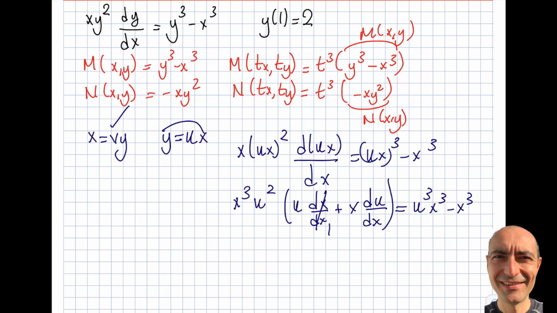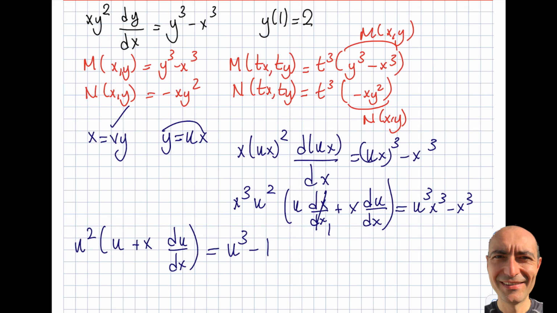You see each term is multiplied by x cubed, so I divide each side of the equation by x cubed to get something more manageable. So u squared times (u plus x du/dx) is equal to u cubed minus 1.